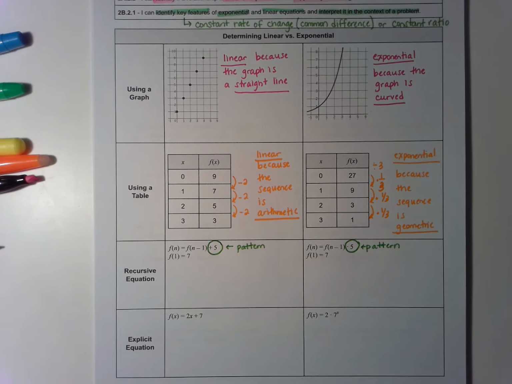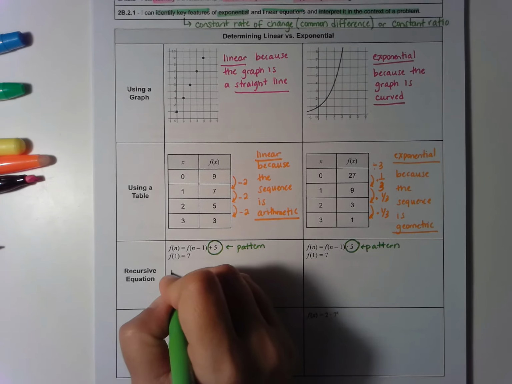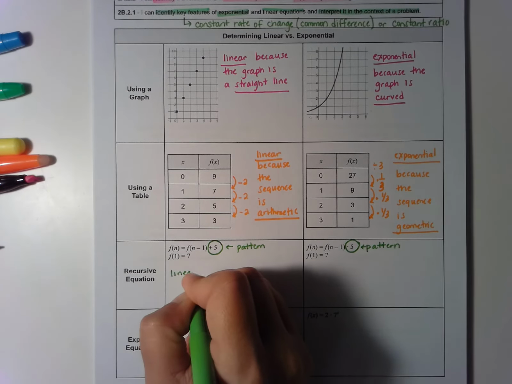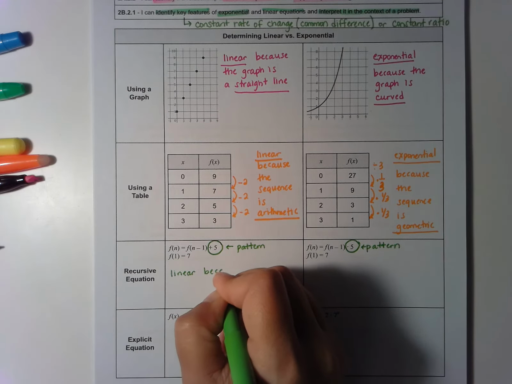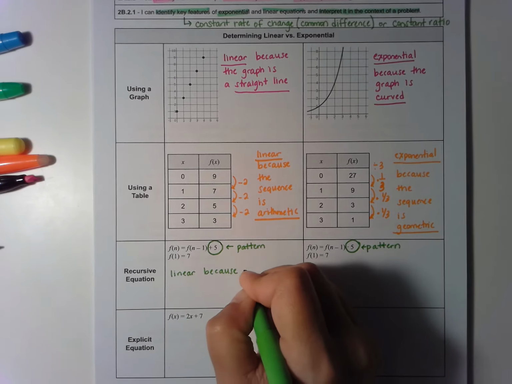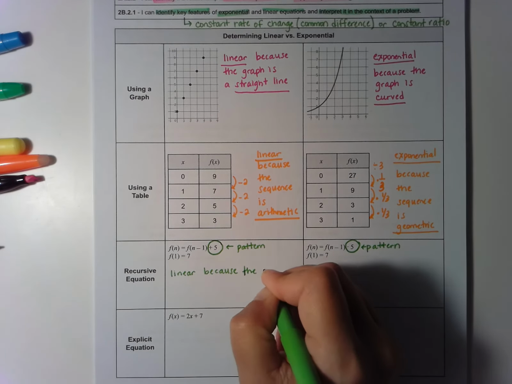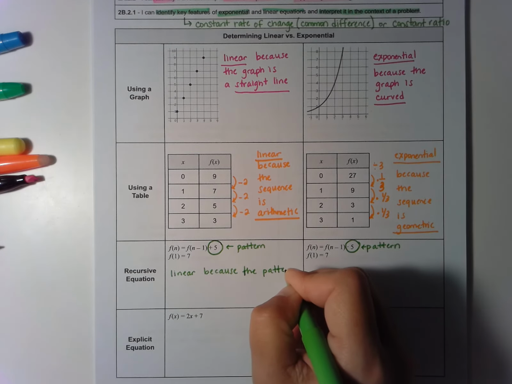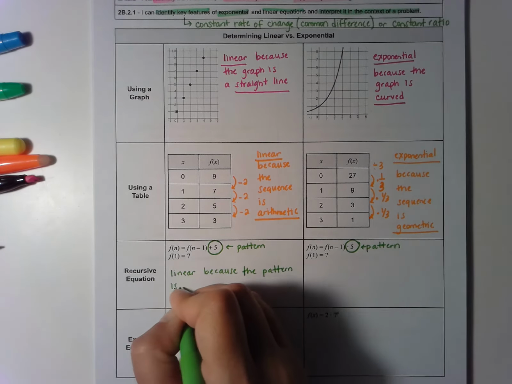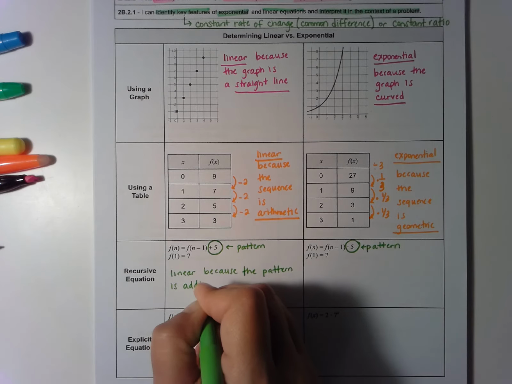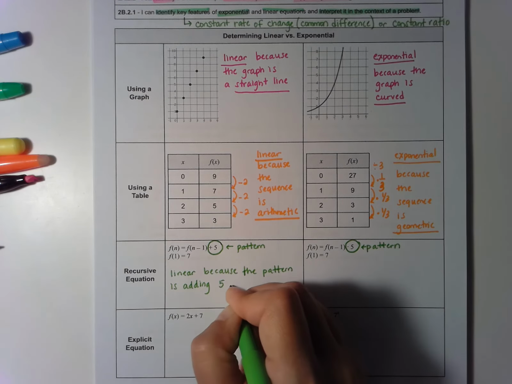Since this first one is adding 5, I would say that this is a linear function because the pattern is adding 5 each time.